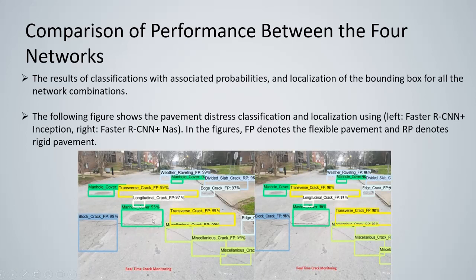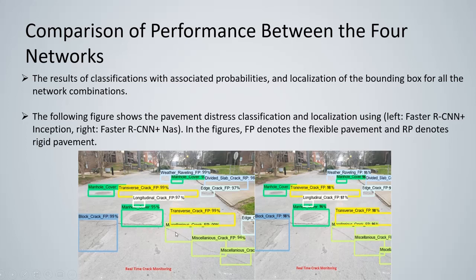As you can see in the figure, on the left, this is faster R-CNN and Inception, and on the right, this is faster R-CNN and NAS. From the figure, you can see the model can detect different types of cracks, such as transverse crack, longitudinal crack, block crack, weather raveling crack, and miscellaneous crack.